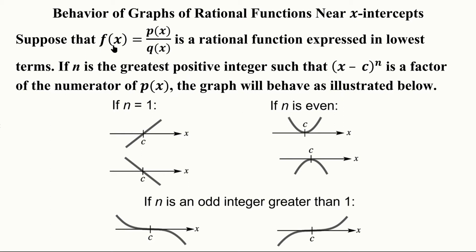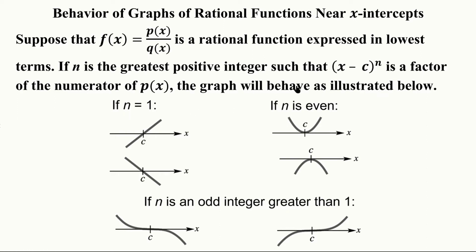Keep in mind that a rational function like this is 0 only if the numerator is 0 and the denominator is not 0 at that point. So keep that in mind. The graph is going to behave as illustrated.